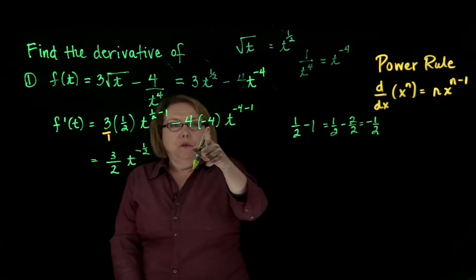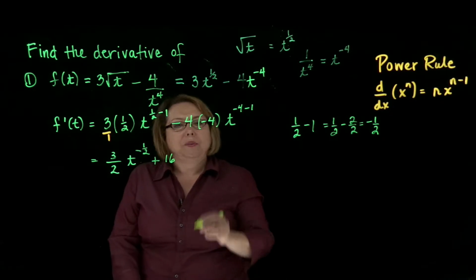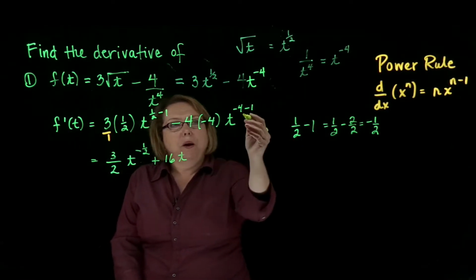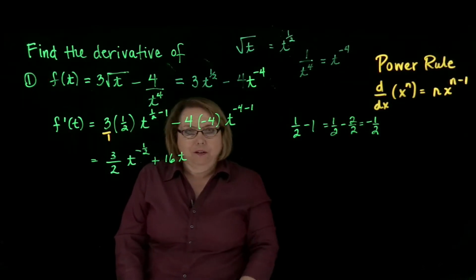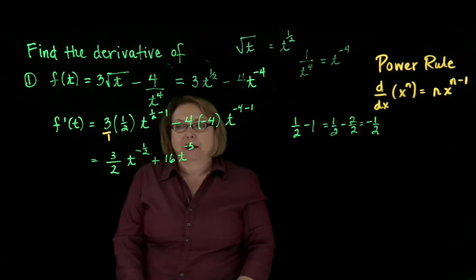And then we have negative 4 times negative 4 is positive 16. And then we have negative 4 minus 1, so the exponent or the power on t is going to be negative 5.